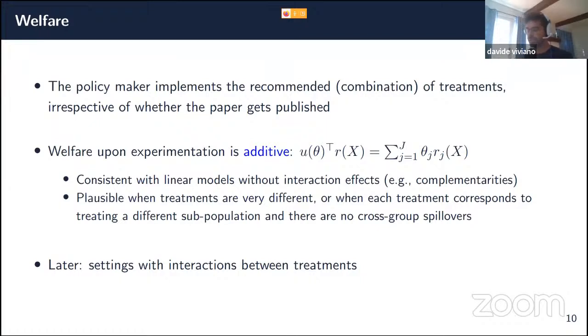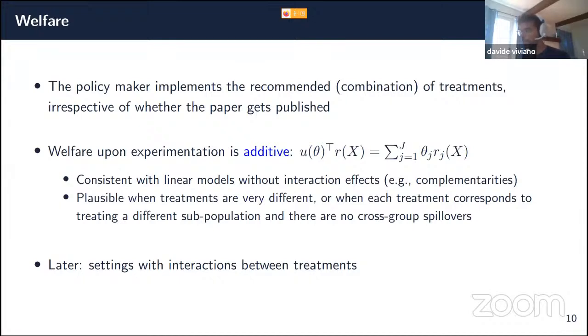The first is that the researcher works closely with an NGO when running the experiment, which often happens in development studies. The second is that the paper will eventually get published in some journal, probably a lower ranked journal, but the policymaker does not really distinguish across different journals, and so doesn't care about the quality of the journal. So welfare upon experimentation is additive throughout most of this presentation, and we do relax this assumption in the paper.